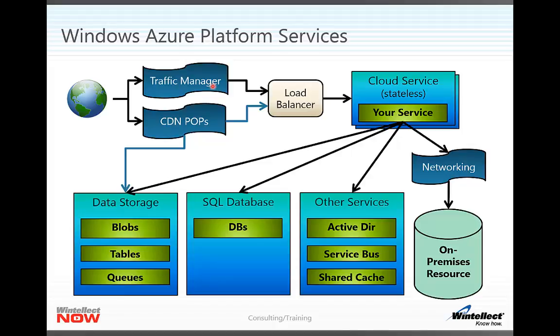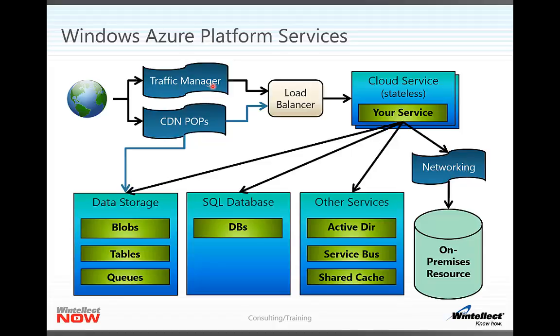For example, you could have, let's say, version 1 and version 2 of your service running in the same data center, and you want the Traffic Manager to send 10% of the incoming requests to version 2 and 90% to version 1. And this gives you a way of doing A/B testing inside the data center.